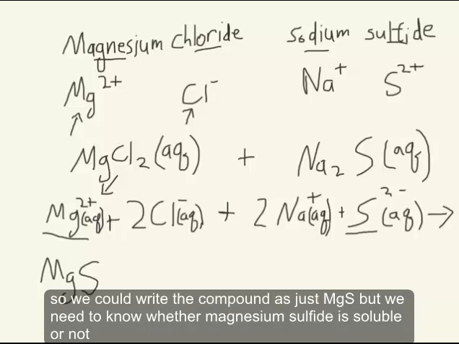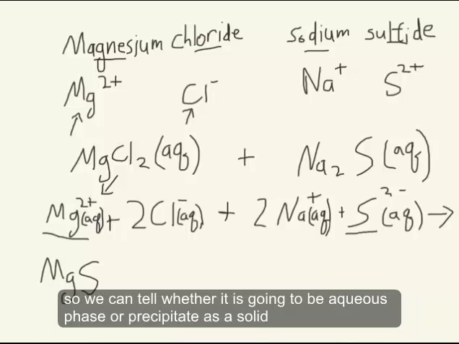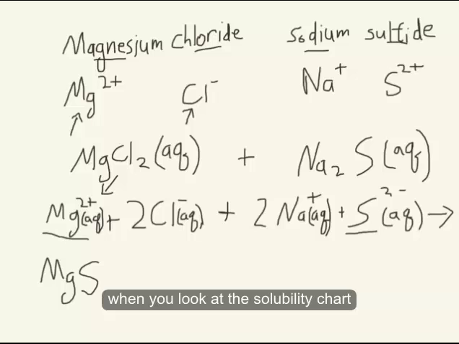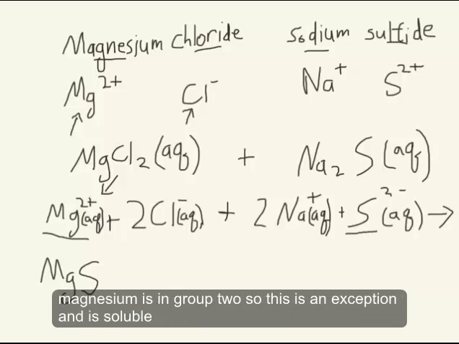So we could write the compound as just MgS, but we need to know whether magnesium sulfide is soluble or not, so we can tell whether it is going to be in the aqueous phase or precipitate as a solid. When we look at the solubility chart, we see that sulfides are insoluble except for group 1 and 2. Magnesium is in group 2, so this is an exception and it is soluble.